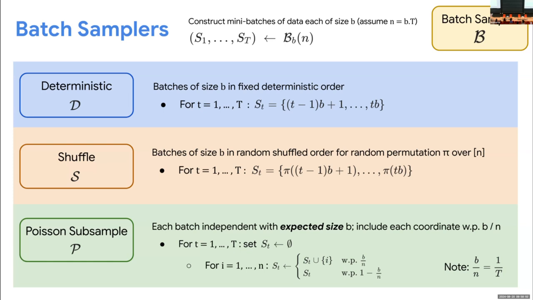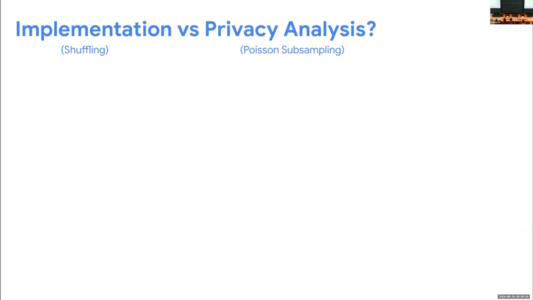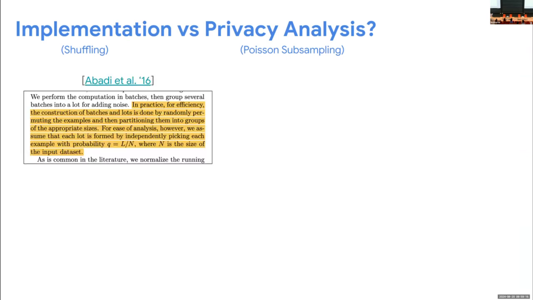Okay. So there has been this gap between implementation and privacy analysis, right? Implementation is usually some form of shuffling. The privacy analysis is for Poisson subsampling. And this goes back to the original paper of Abadi et al., which talked about DP-SGD for deep learning.